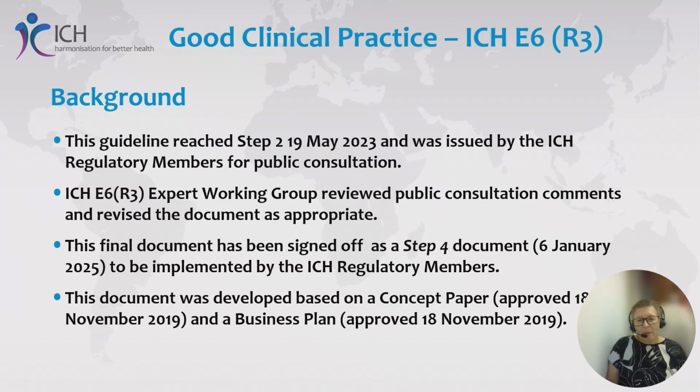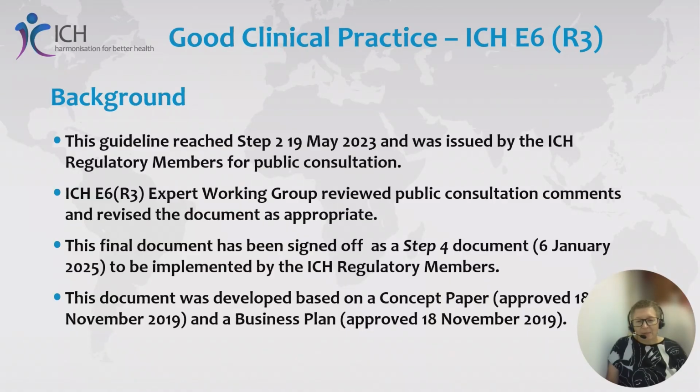So let's think about the long journey that we've had with ICH E6R3. You'll probably be able to cast your mind back to when the guideline reached step 2, where it was out for public consultation in May 2023. We of course then reviewed those public comments, and the final document was finally signed off in January of this year.